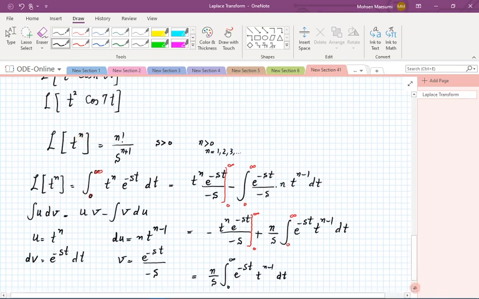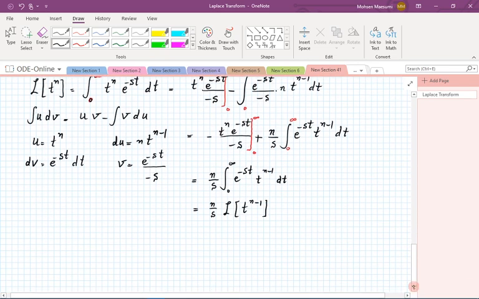So let's rewrite what happened. If n is any number like 1, 2, 3 and so on, then the Laplace transform of t to the power of n is n over s times the Laplace transform of t to the power of n minus 1.